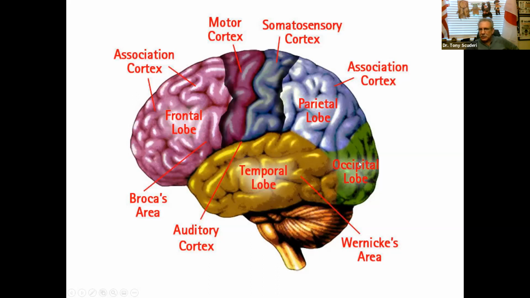And then we have your visual cortex or your occipital lobe and Wernicke's area. Frontal, temporal, parietal, and the occipital lobe. As we go back here, which is not labeled, we have the pons right here, medulla oblongata right here, and this is the spinal cord here.